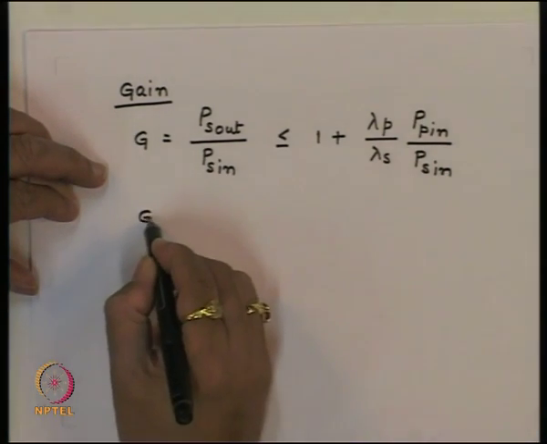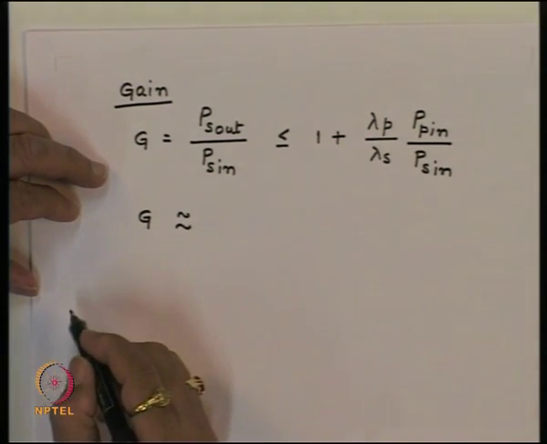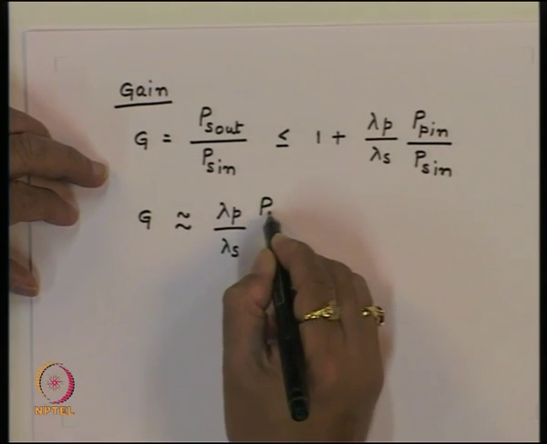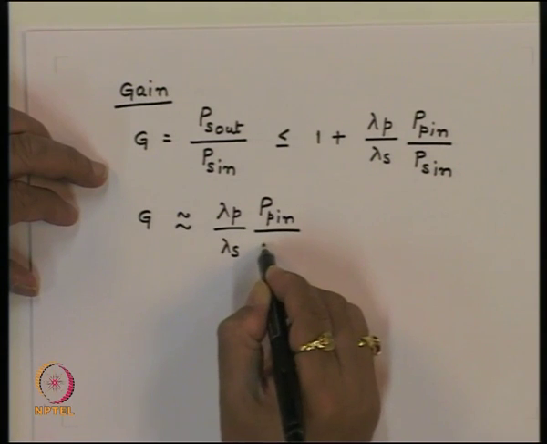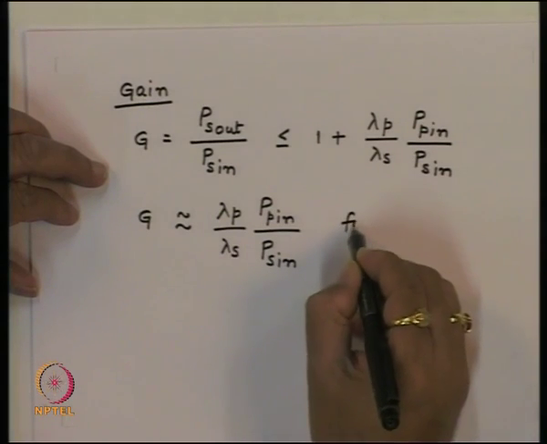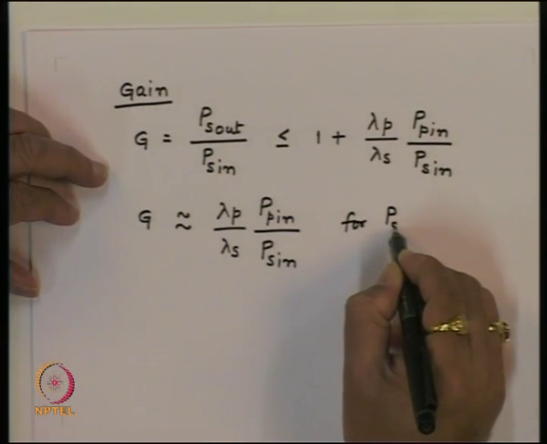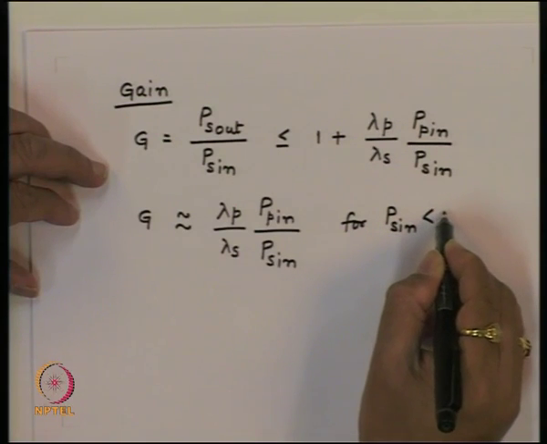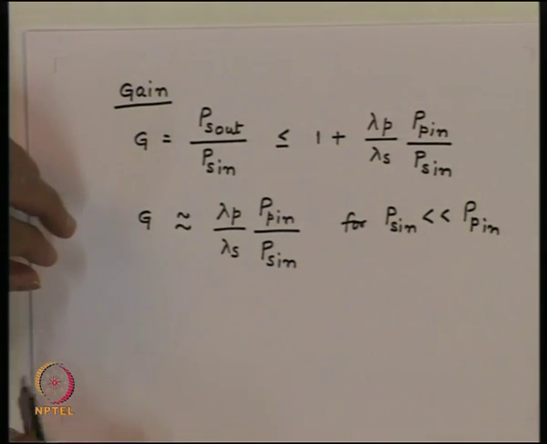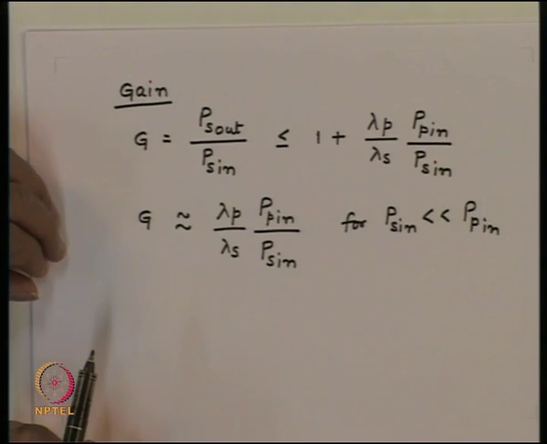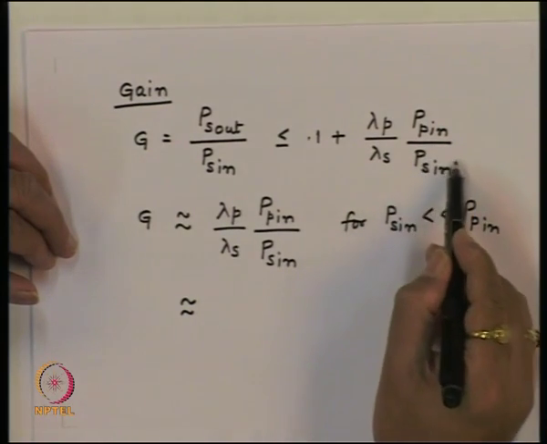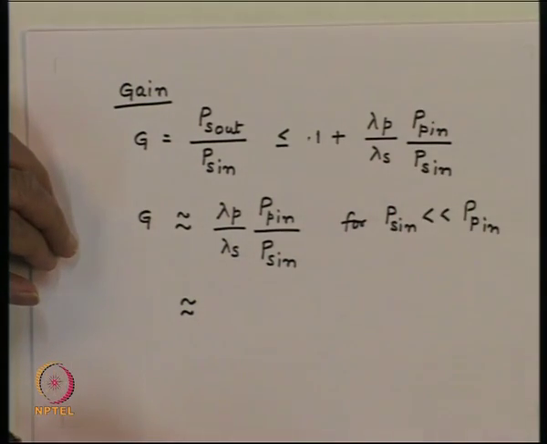So we can say that this gain is approximately equal to lambda P upon lambda S times P pump input divided by P signal input, for P_S in much smaller compared to P pump in. And this quantity will become approximately this when this quantity becomes larger or comparable to this quantity.